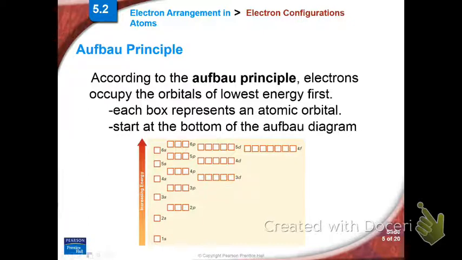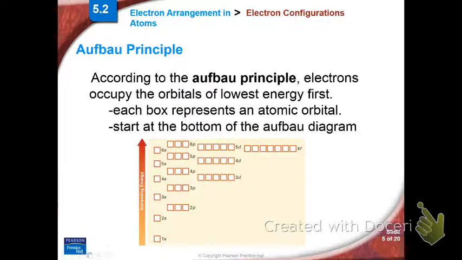What do we say for level 3? How many can be there? 2, 4, 6, 8, 10, 12, 14, 16, 18. And if we look at all the level 4s, we said there could be 2, 4, 6, 8, 10, 12, 14, 16, 18, 20, 22, 24, 26, 28, 30, 32.